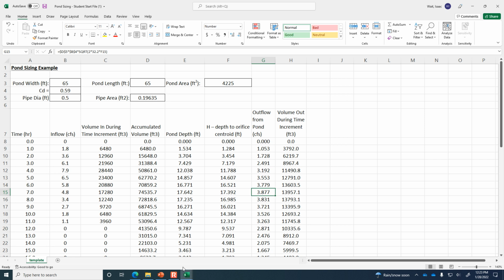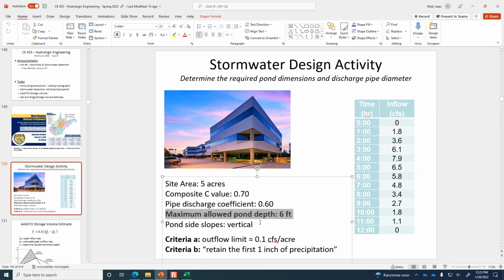But what's our limit? This says that the limit is you're not supposed to have more than 0.1 CFS per acre. How many acres are we developing in this example? 5 acres. So our maximum outflow, the Q out max that this problem specifies, is going to be 0.5 CFS. 0.5 CFS is what the rules say we can discharge from our pond.